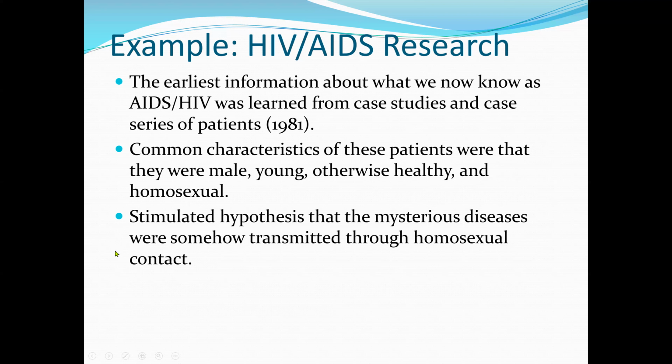A common characteristic of these patients was that they were male, very young, and supposedly healthy based on their age, and they were homosexual. They stimulated the hypothesis that the mysterious disease was somehow transmitted through homosexual contact. Again, this was a study done in 1981 in San Francisco.